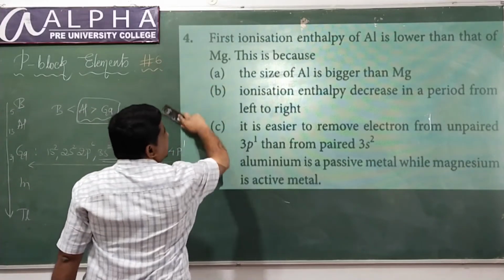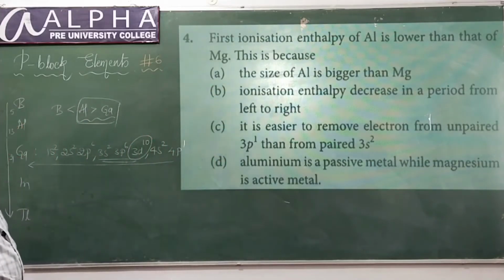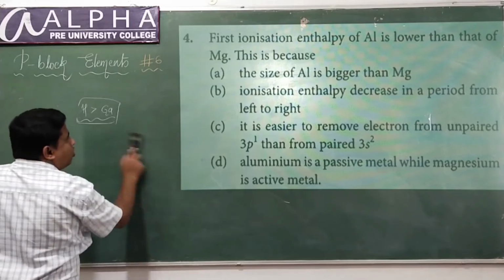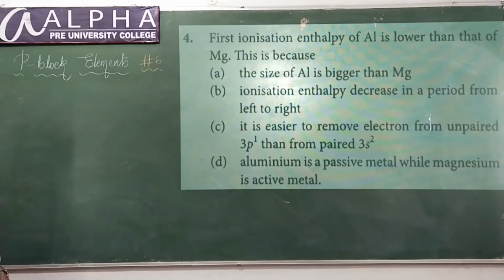The first ionization enthalpy of aluminium is lower than that of magnesium. Why? Very logical question. Why is the first ionization enthalpy of aluminium lower than that of magnesium? Aluminium, what is the atomic number? 13.